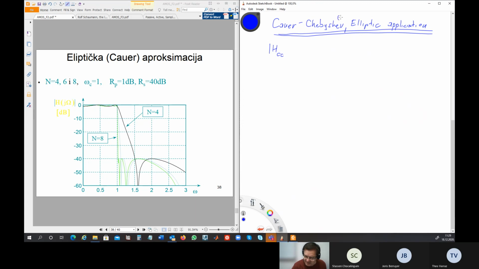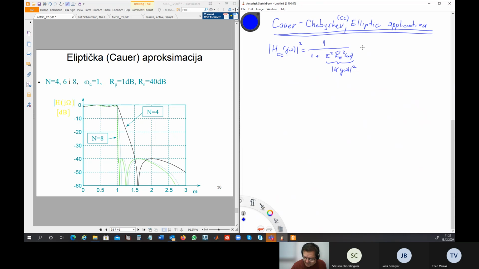Sometimes CC of J omega is used as 1 over 1 plus epsilon square Rn square of omega. And this is our new K or characteristic function.